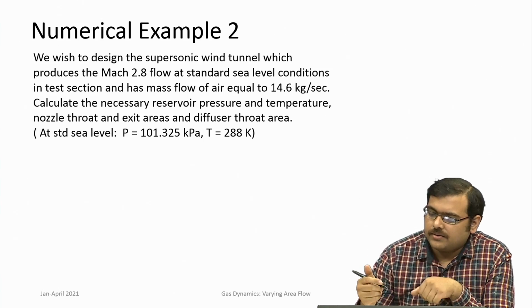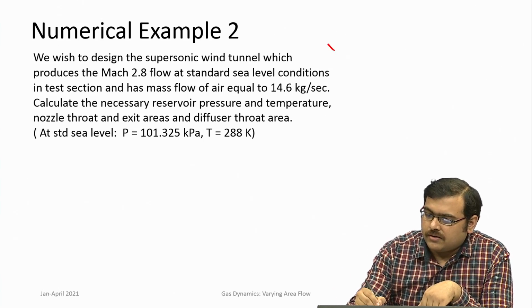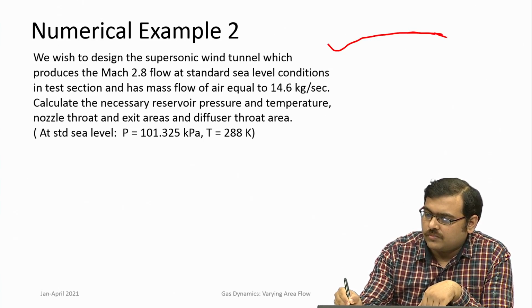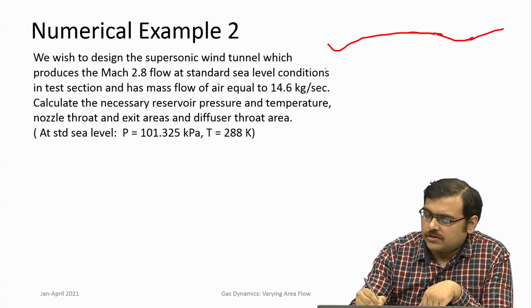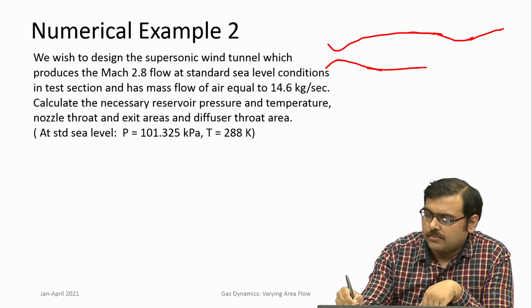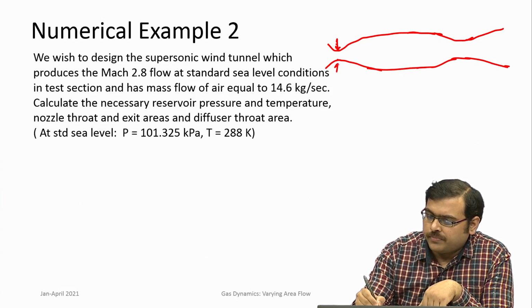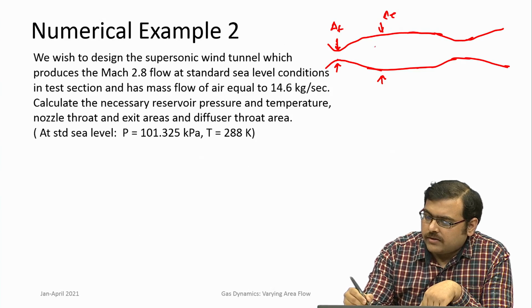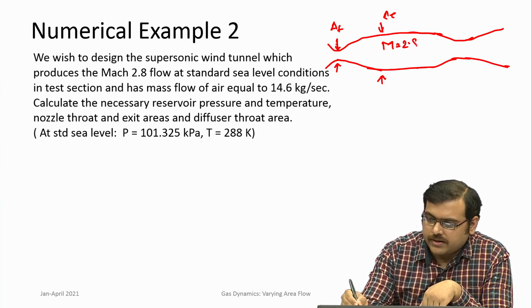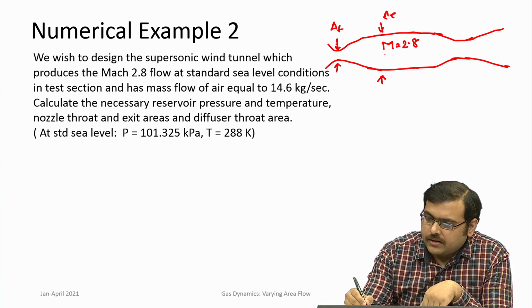So basically you have this picture schematic. So what is nozzle throat, this is nozzle exit area, and given that this is M equal to 2.8 and P is equal to P test section.